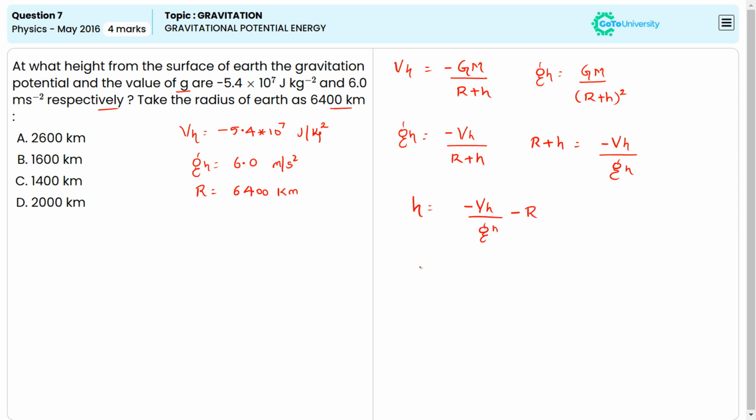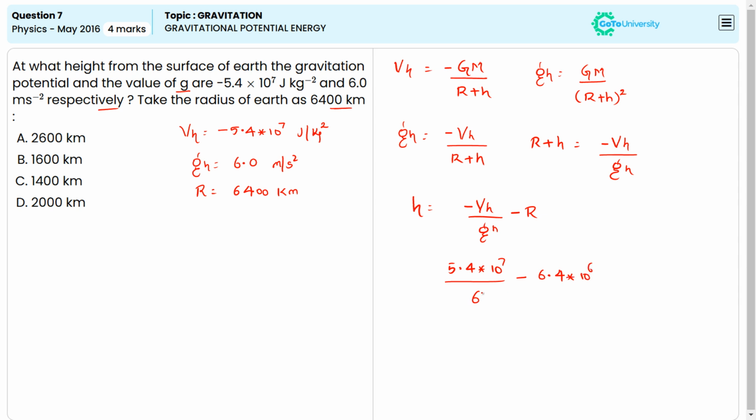minus R. By substituting the values, Vh is 5.4 into 10 to the power of 7 divided by 6, minus R, which is 6.4 into 10 to the power of 6.